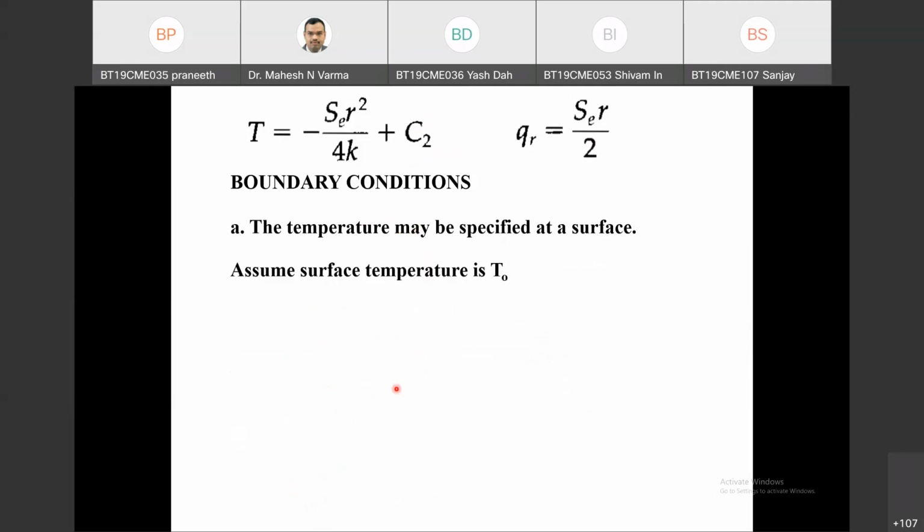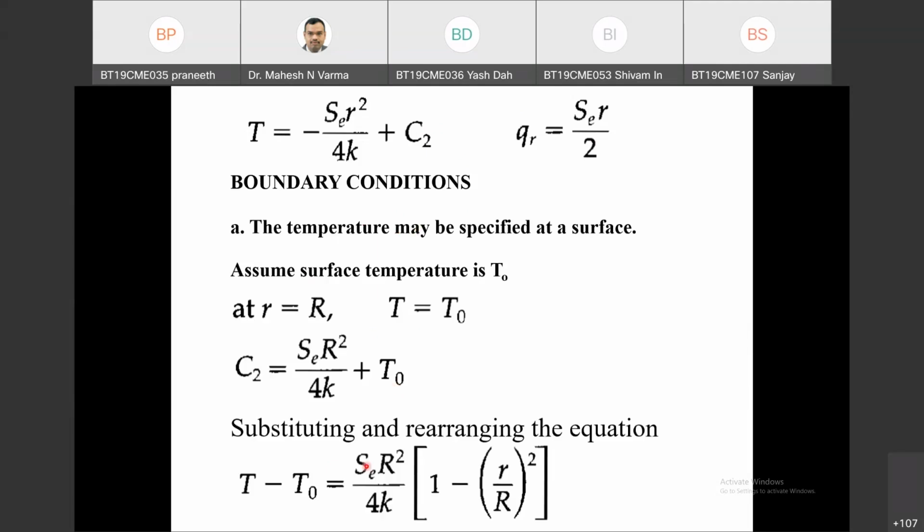Initially I will assume the surface temperature T0, and for that we have already estimated the temperature profile. I have assumed some temperature T0 at the surface, but T0 is not given. Air temperature is given. How is air temperature related with T0?